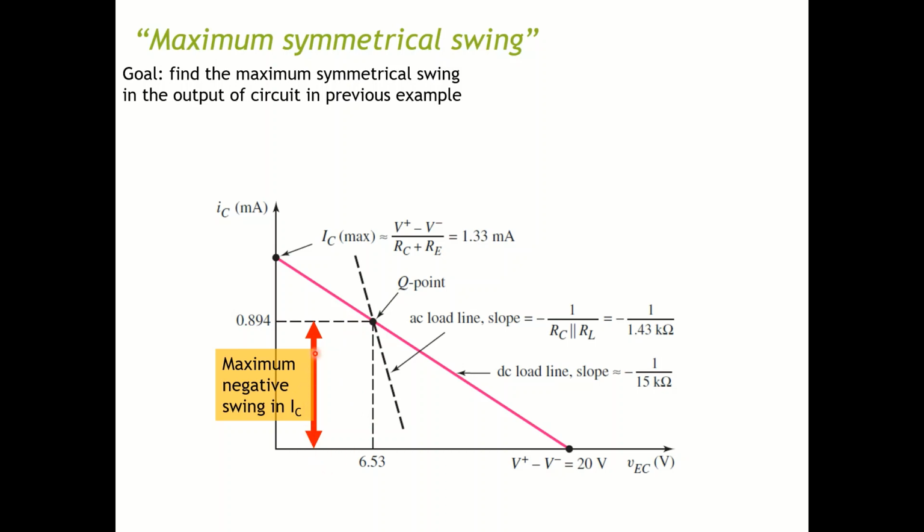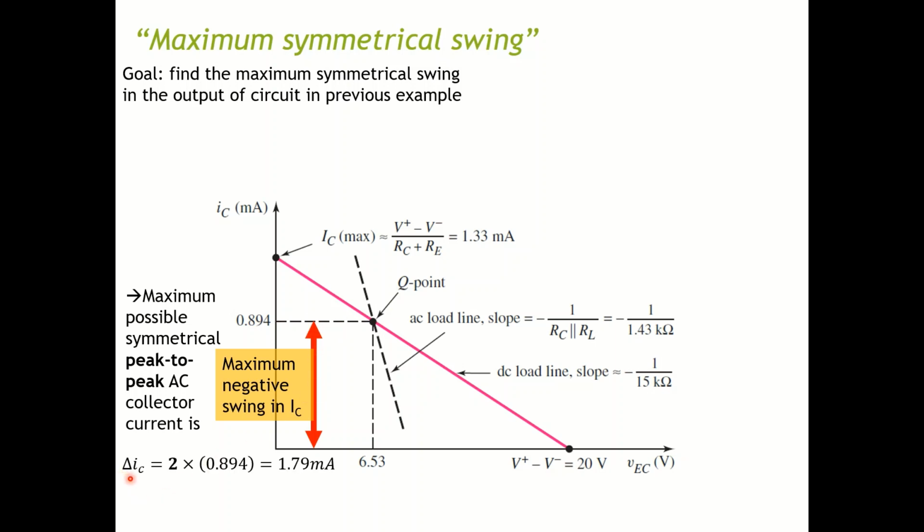Let's consider one side of the swing first. Usually you want to start around the Q point. If you start at the Q point, the negative swing can swing down all the way to 0, right? Therefore, the maximum possible symmetrical peak-to-peak for the AC collector current can swing from 0 up to 2 times this Q point. Therefore, you can see delta IC is equal to 2 multiplied by 0.894, equal to 1.79 milliampere.